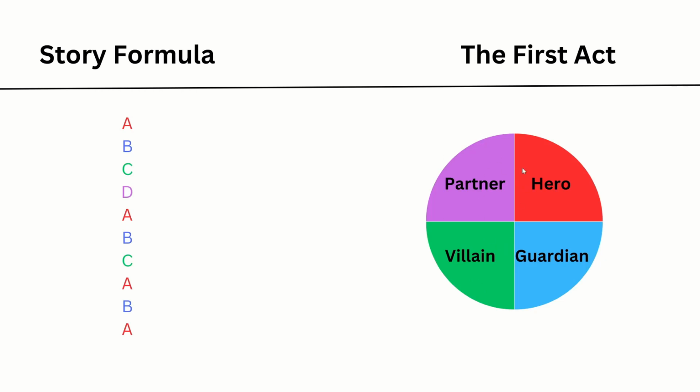So we can move these over to the outline for each of the main A plots, right? And we can go in that order: the hero will take up the first, the guardian or the mentor will take the second, the villain will take the third, and the partner will take up the last. And I'll show how that fits with what we know about story structure, like with Save the Cat.